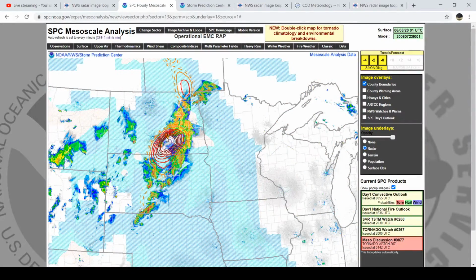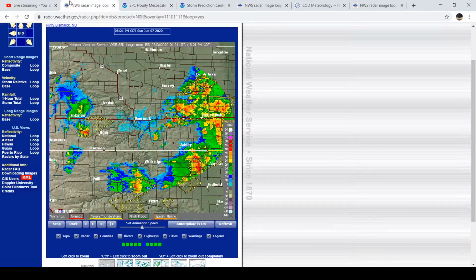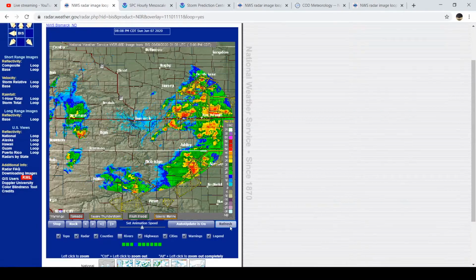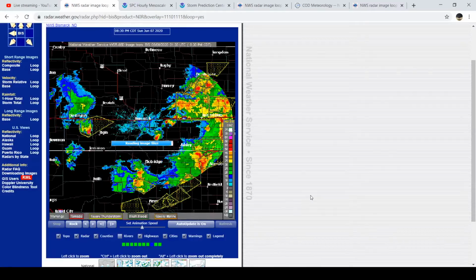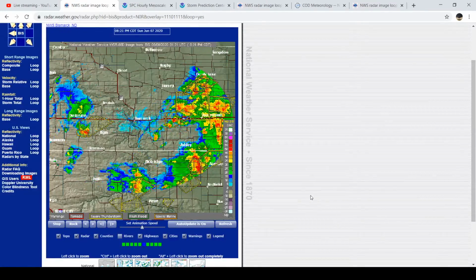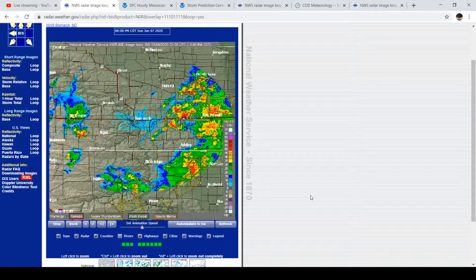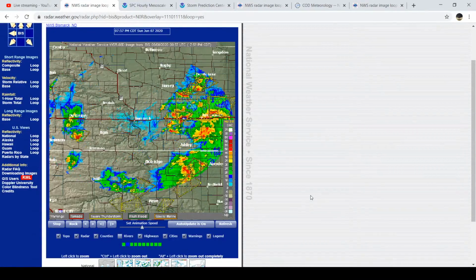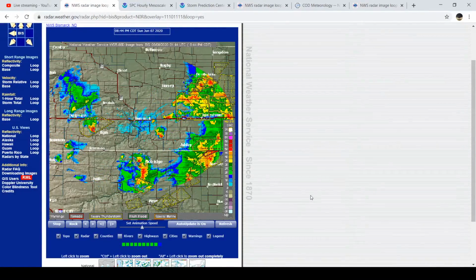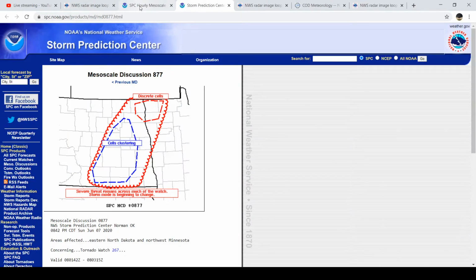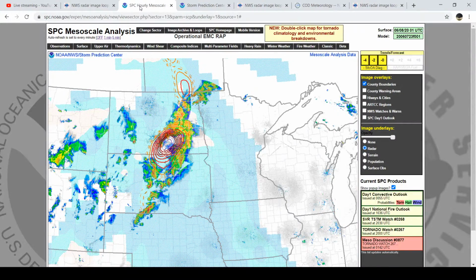Wow. Well, violent tornado parameter though, right? It's a 10. Well, sometimes the violent tornado parameter just depends on the storm mode, and as we can see, the storm mode is becoming more clustered.